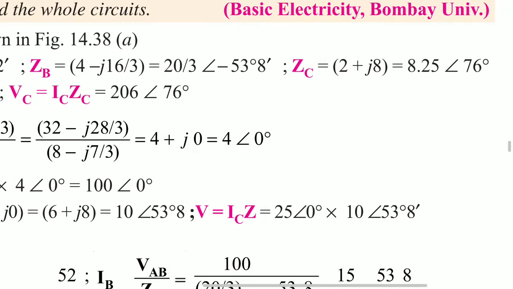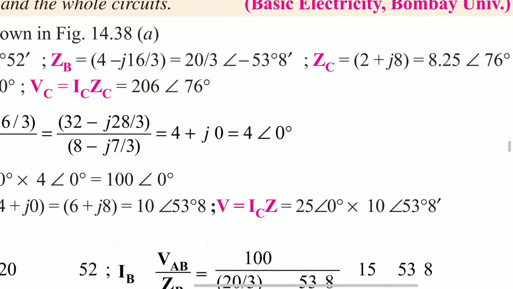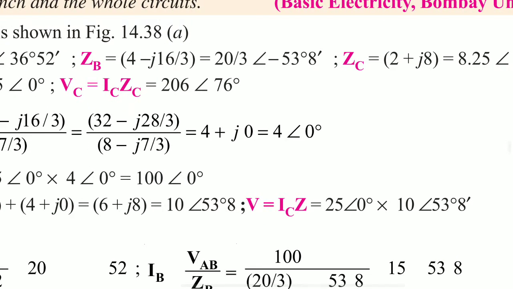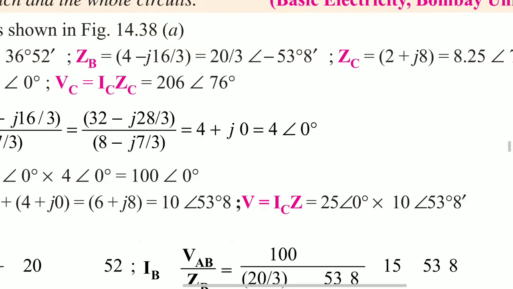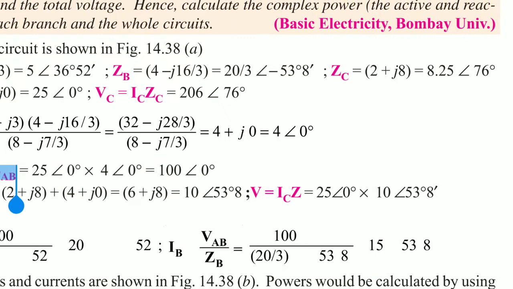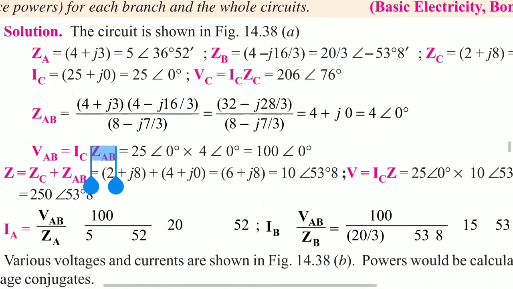See this one, 8.25 angle of 76 degrees. So substitute in this VC equation. So we'll get 206 angle of 76 degrees.